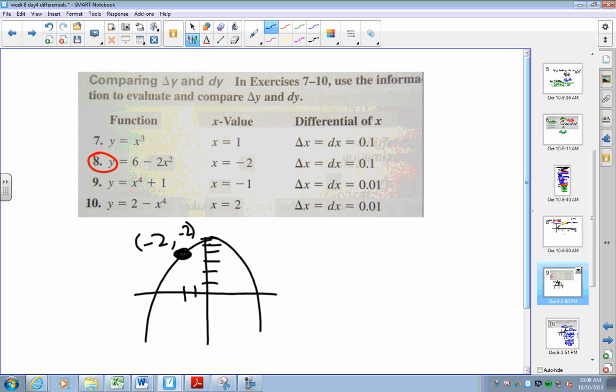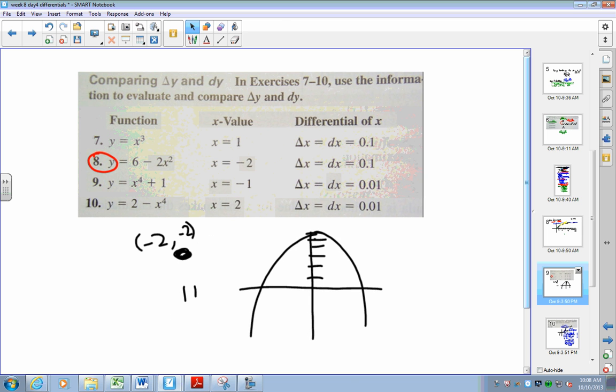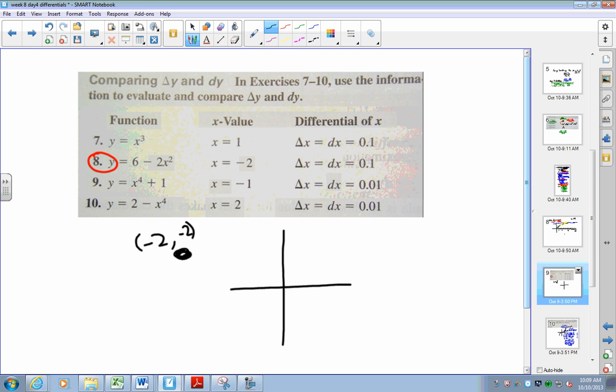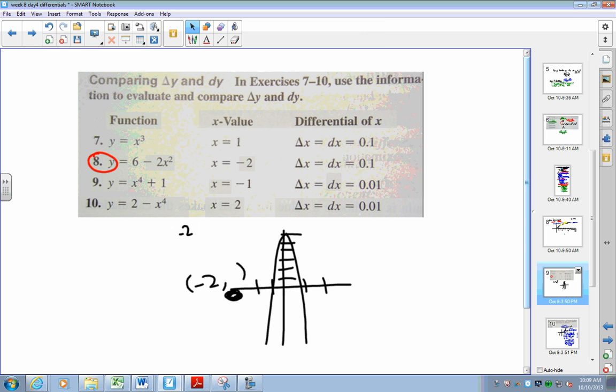Okay. So did I draw it well? No. But can I redraw it well? Let's start that all over again. Okay. And my point is at -2, 2.